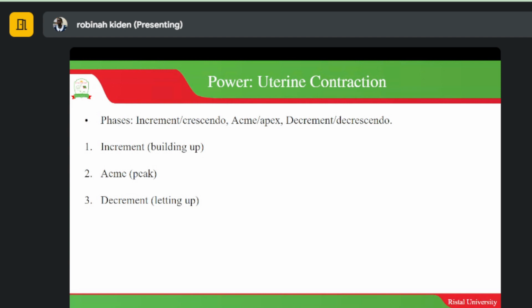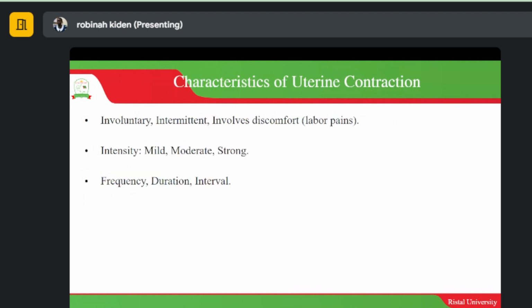So when we talk about increment, the build up of the contractions as the contractions start mildly until they become strong or severe. Then apex, when they reach the maximum, which is the severe contractions. Then decrement, that now mostly happens during the second stage of labor, where they start decreasing until the mother delivers.